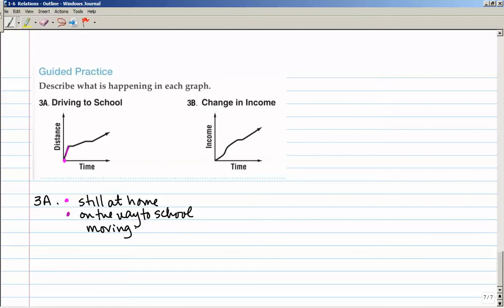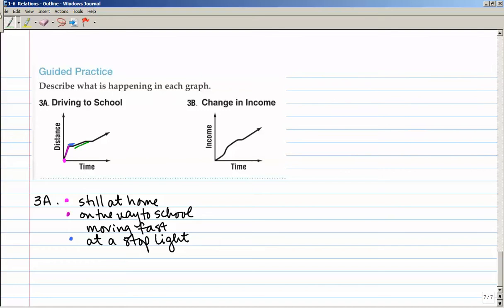Probably not a lot of traffic. Then, this piece right here, notice the graph is kind of flat. Time is passing, but my distance is not increasing. I'm probably at a stoplight because I'm not moving forward.